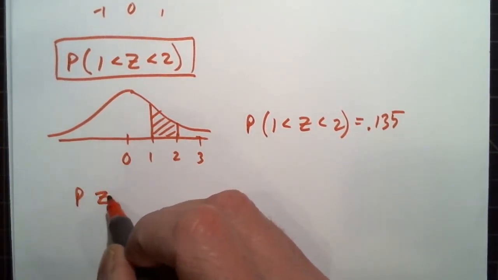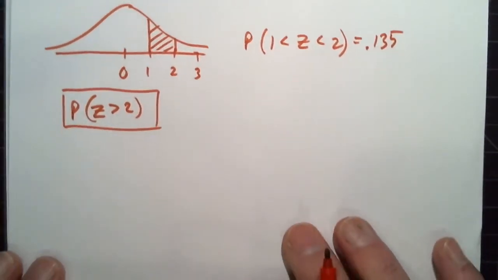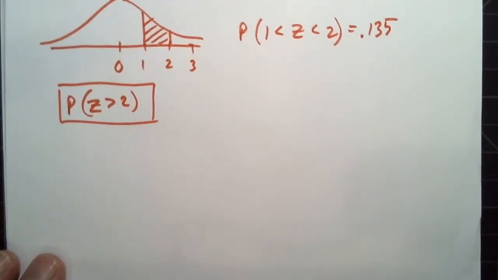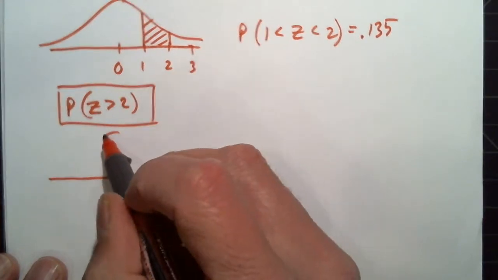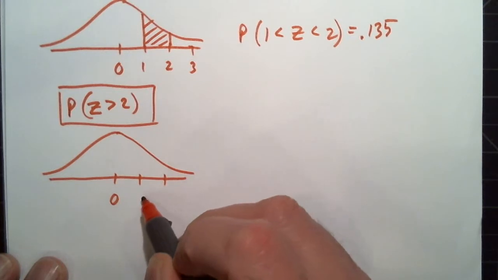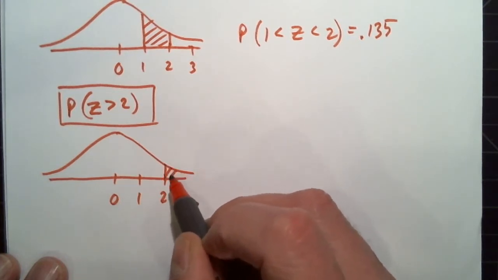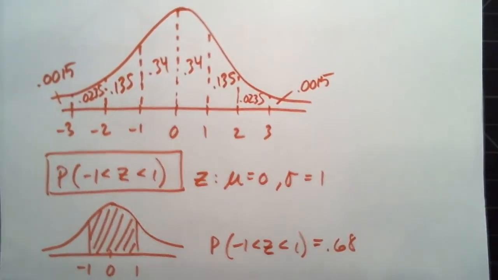Find the probability that z is greater than 2. Pause the video and try that one. So we know we want that part of the graph, and we could just look for the values that we've found.